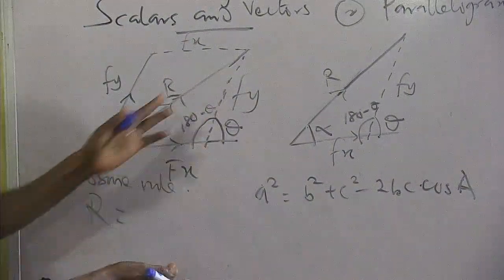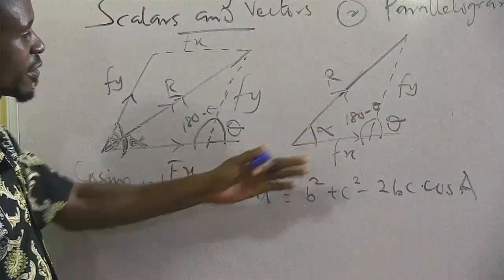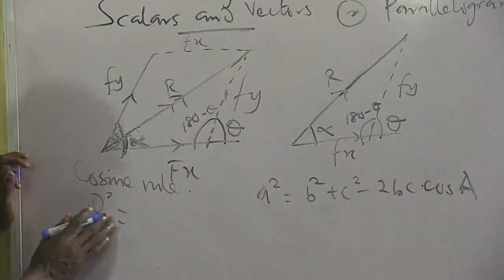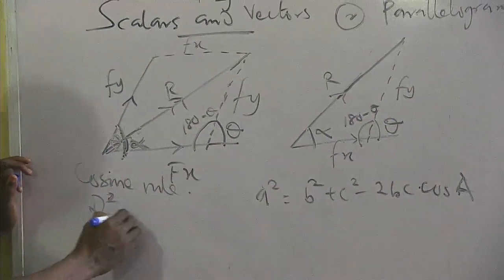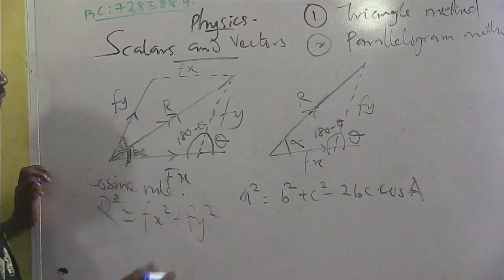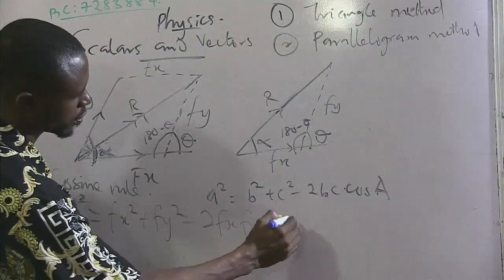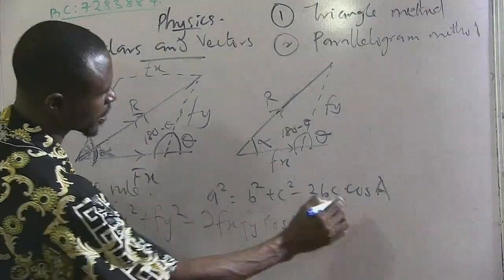But at this point now, we have our R here, we have our Fy here, we have our Fx here. So R squared is going to be equal to Fx squared plus Fy squared minus 2FxFy cos(180 minus theta).